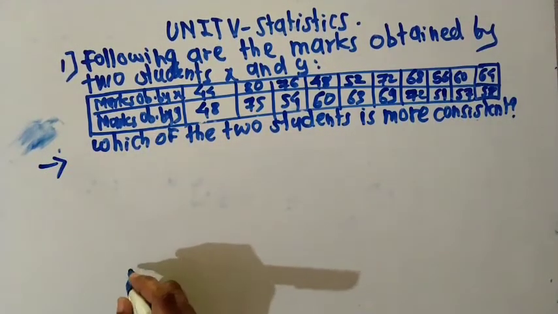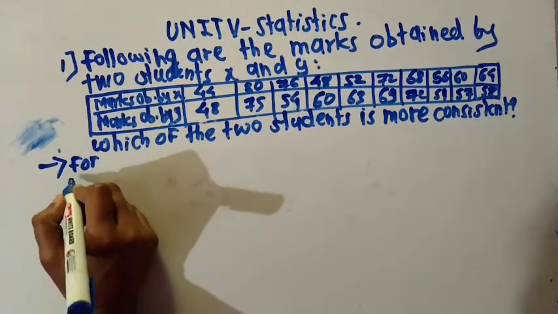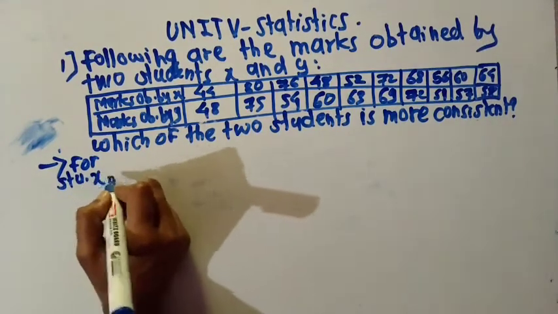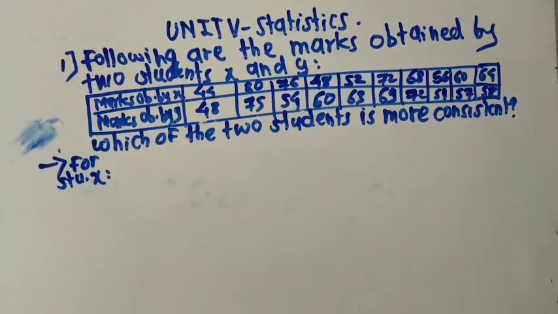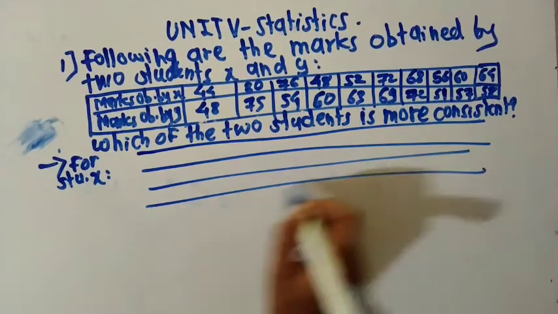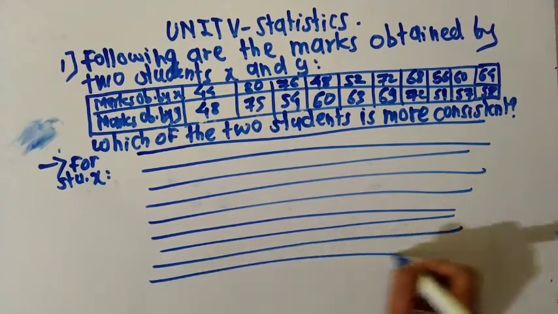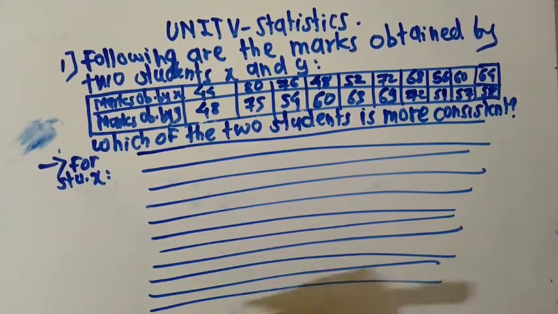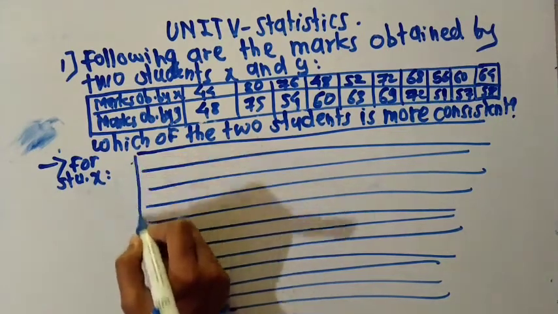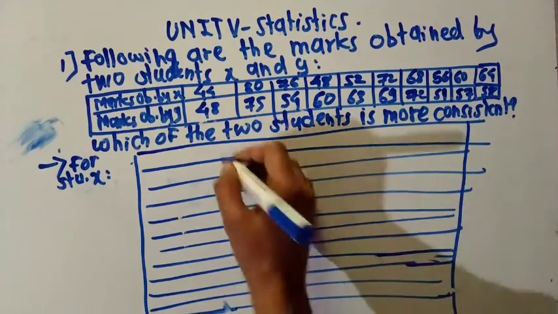So first we find out for student X. For student X, draw this chart. There are only 3 columns.